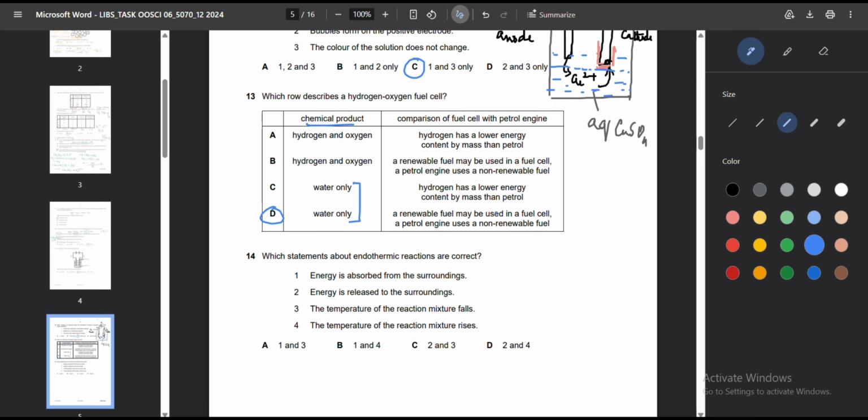In this fuel cell, our fuel is hydrogen. Whereas in petrol engines the fuel is non-renewable. And always remember that oxygen is the oxidizing agent in a fuel cell.